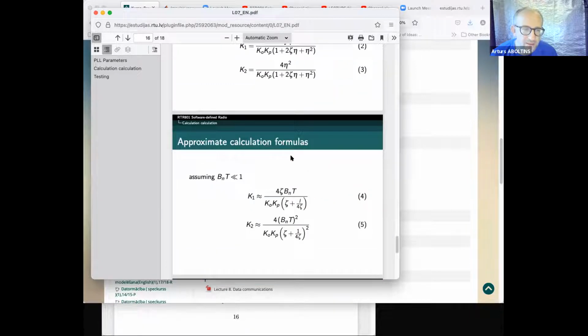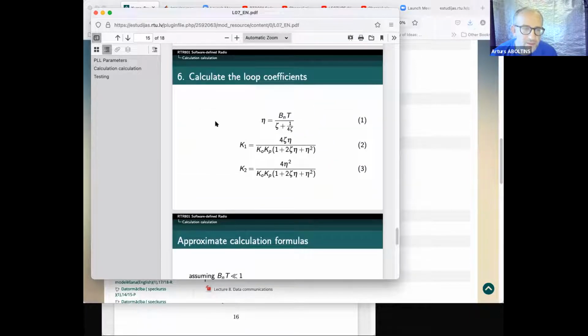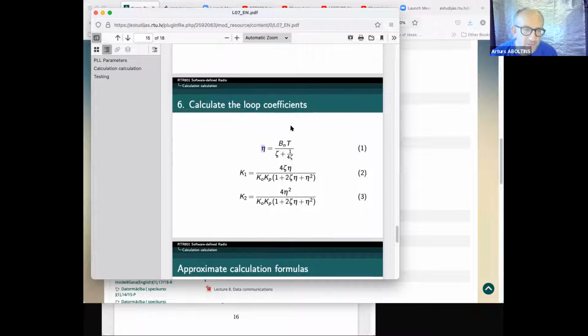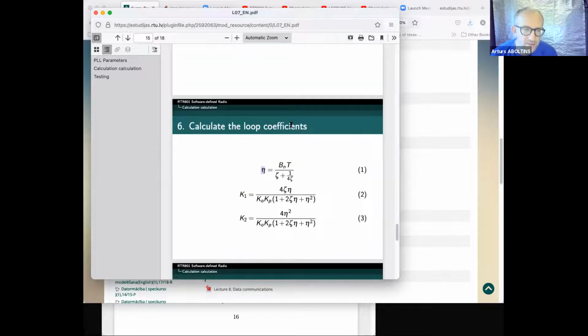We use these formulas and calculate this. This is zeta, but this one, I don't know what Greek letter this is, eta or something.